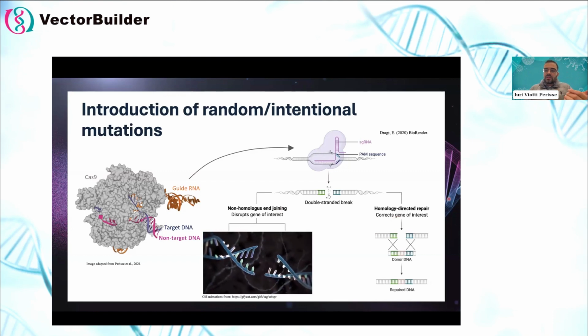Homology directed repair is a more specific mechanism because you can drive how the break is going to be fixed. You can use a donor DNA like a plasmid with homologous arms, which could be huge, like 800 to 1000 BP in each arm. Or you can use a small single-stranded oligonucleotide that is going to introduce that very tiny mutation that you actually want to accomplish.